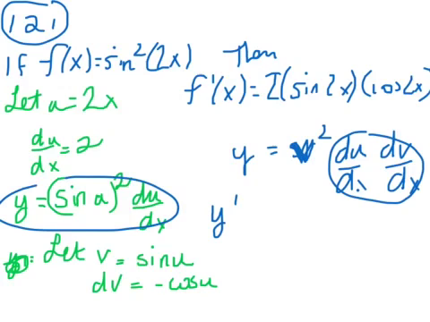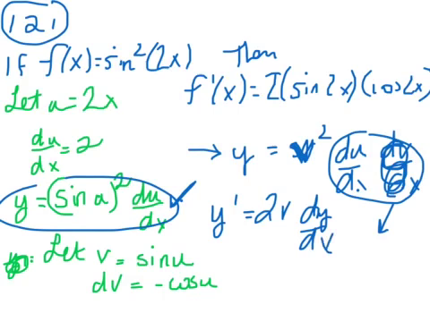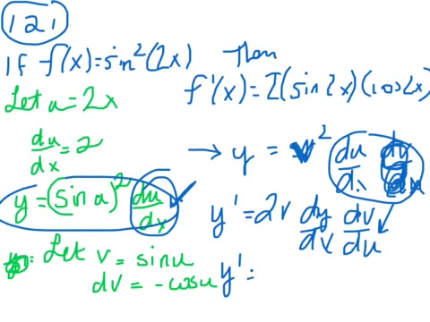I'm sorry, if I rewrite the function, it would be v squared du dx. I'm actually just rewriting this function here. Okay, so that would be 2v to the 2 minus 1. I need to multiply it by du dx because that was part of the function here, but then I introduced another variable, so I need dv, actually that's dv du. I shouldn't have put dx. The variable is u, isn't it? Okay, that's 2v. Well, my v was really sine u. I'll go ahead and substitute as I do this.